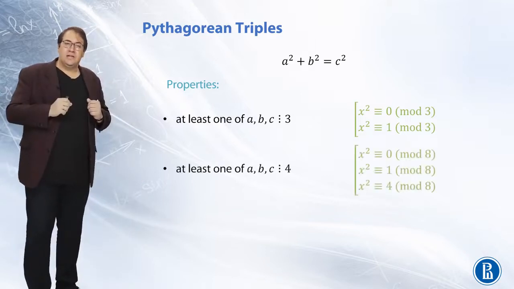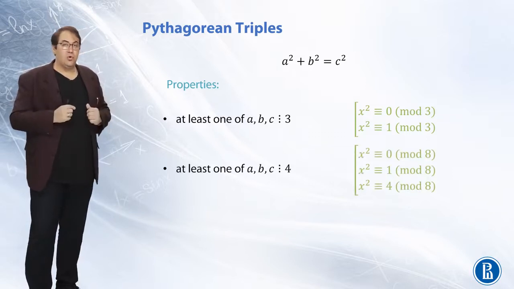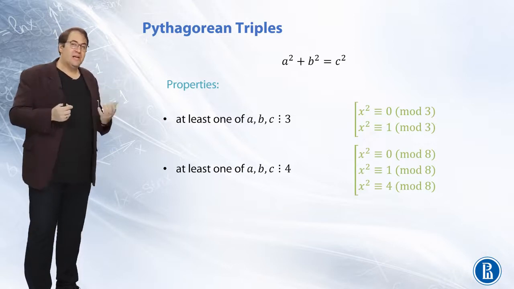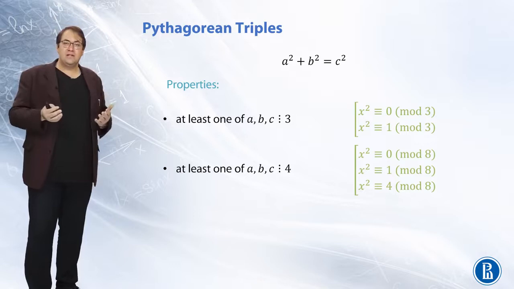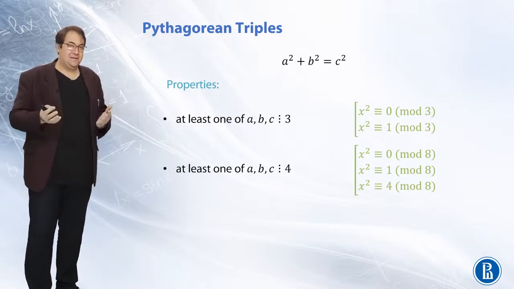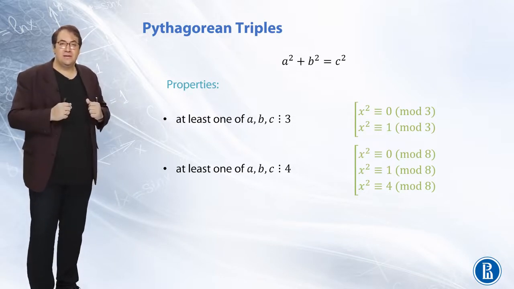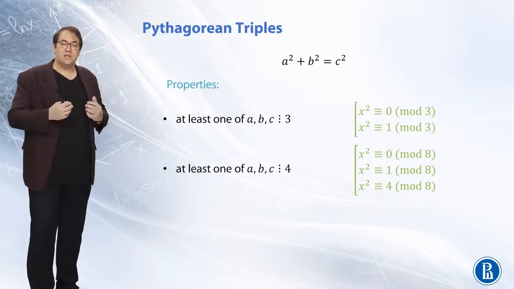The second property is about divisibility by 4. In order to prove that at least one of them is divisible by 4, we need to consider the remainders of their squares modulo 8, not 4. You may already understand why modulo 4 is not enough.